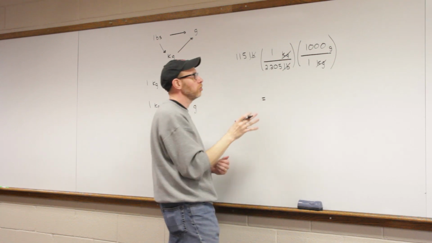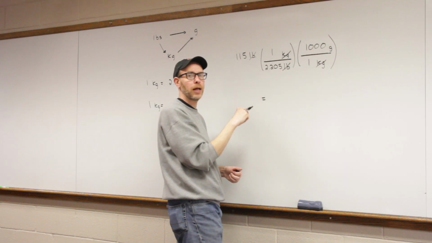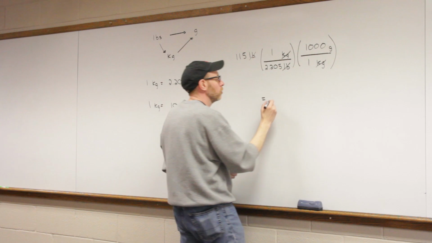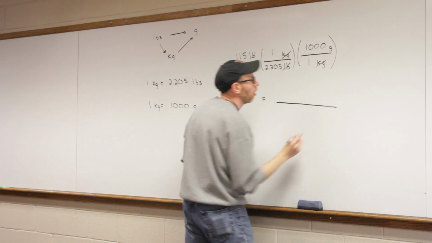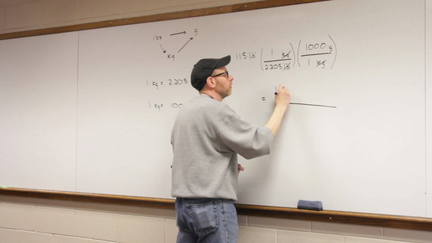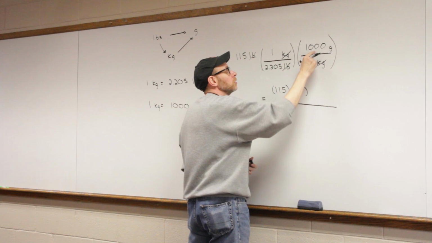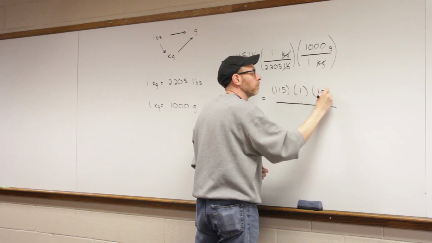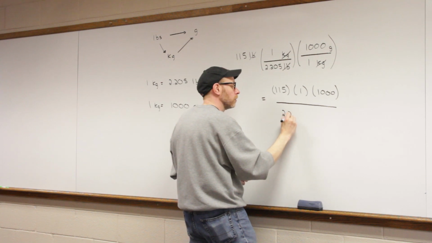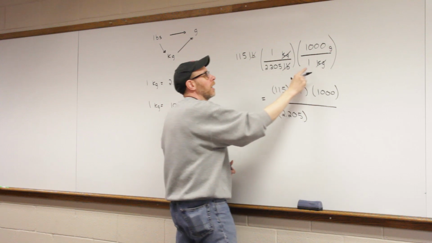So, how do you do this particular calculation? Well, I would take everything on the top and multiply it together, and everything on the bottom and multiply it together, and then divide those two things. I'm going to write this all out this time just so that you see it. So I'm multiplying 115 times 1 times 1,000, and on the bottom I multiply 2.205 by 1.